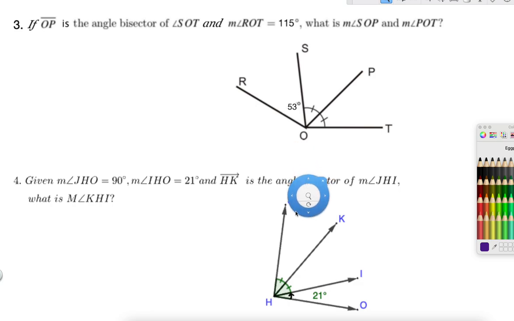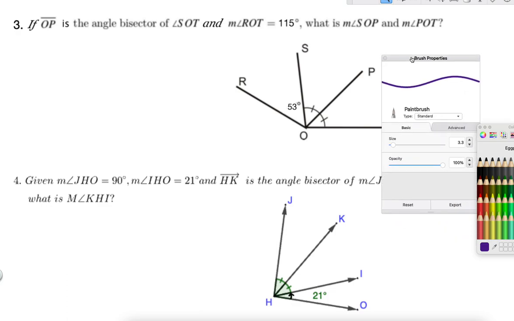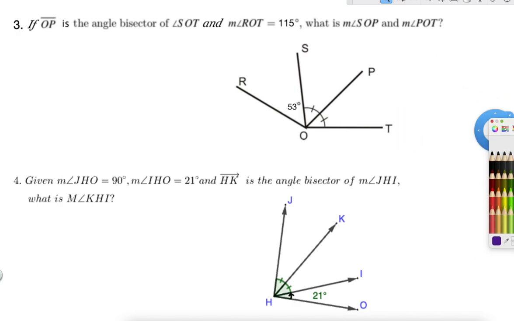If segment OP is the angle bisector of angle SOT, and the measure of ROT is 115, what is the measure of SOP and POT? Okay, so why don't we label this measure? ROT is 115.